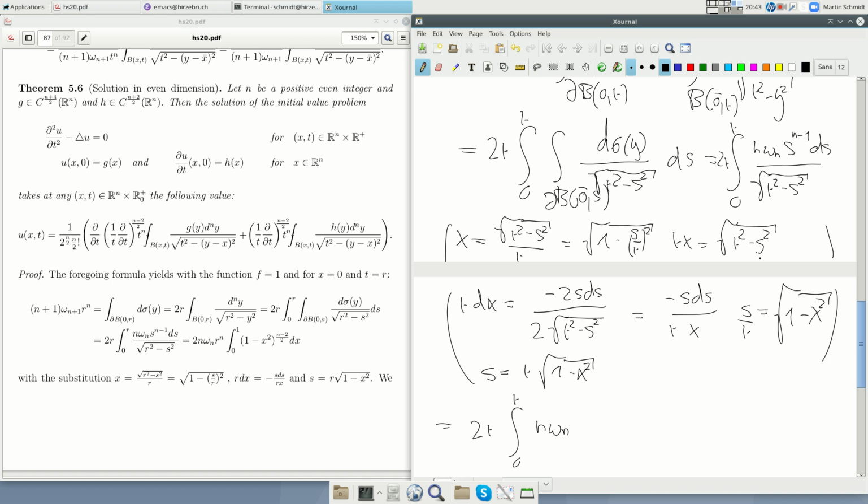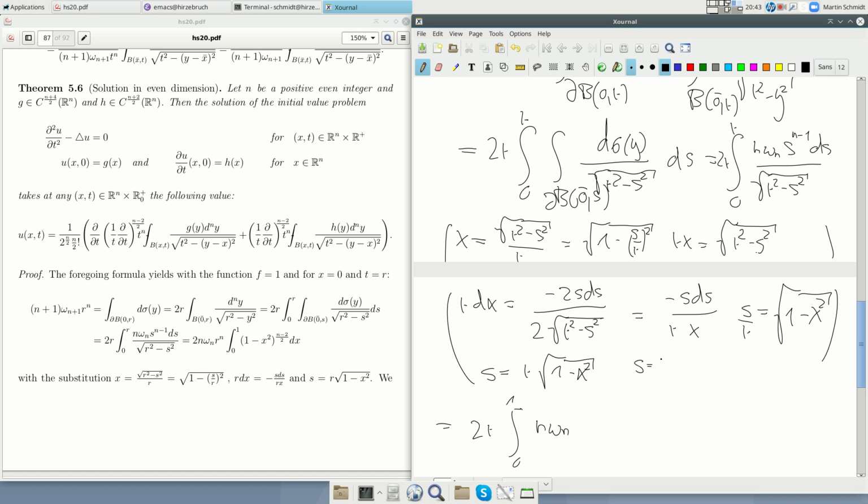And if s is equal to R, then x is equal to 0. So we get rid of the minus by reversing the order, and then we get the integral from 0 to 1.